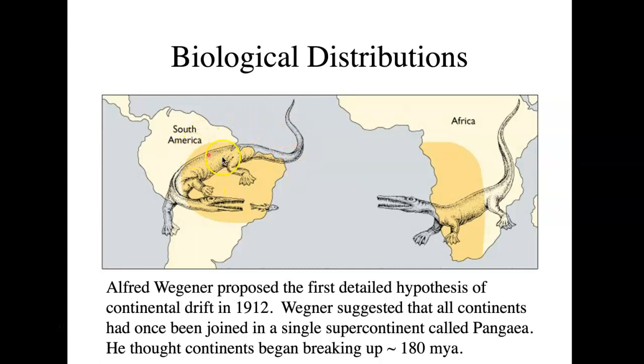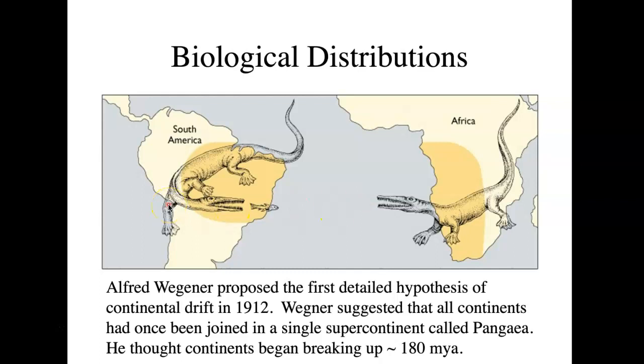We only find it in this area in South America and in this area in Africa. And that's it. So this was a big point of evidence that at some point in time these continents were connected. And it wasn't just this mosasaurus; there were many different fossil species that helped us put this puzzle together.